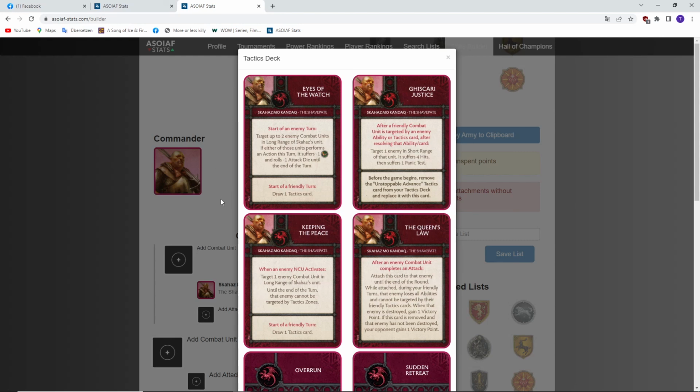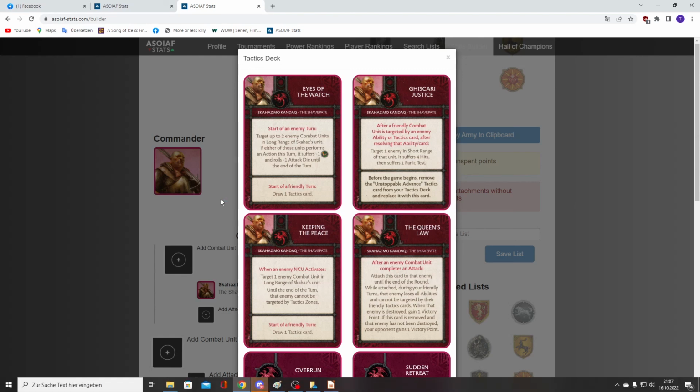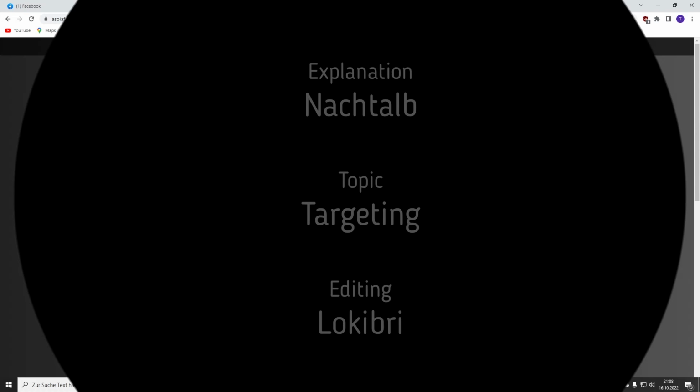But it still is easy to remember that generally attack abilities never target, but make sure and recheck it over point 4. Okay.